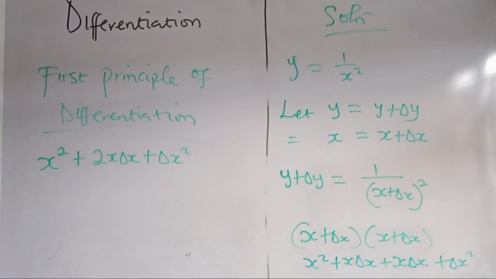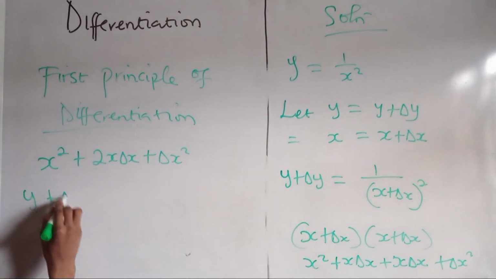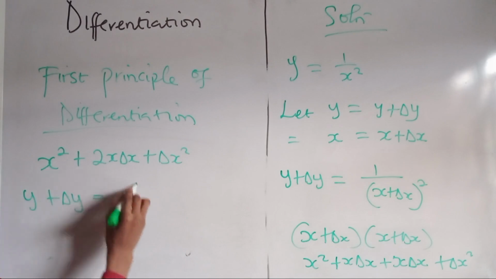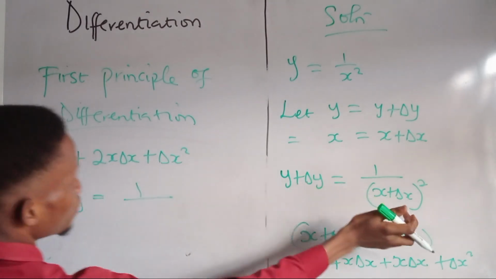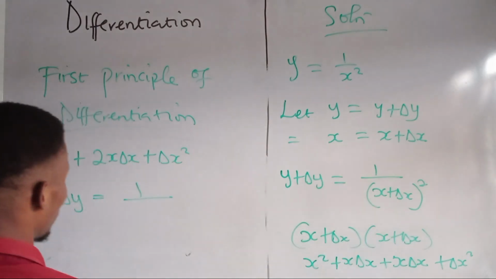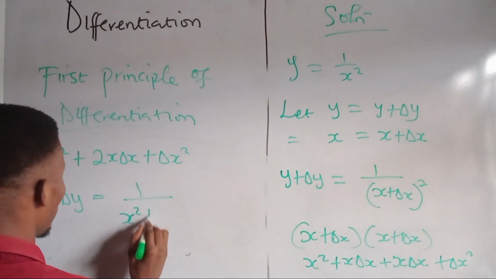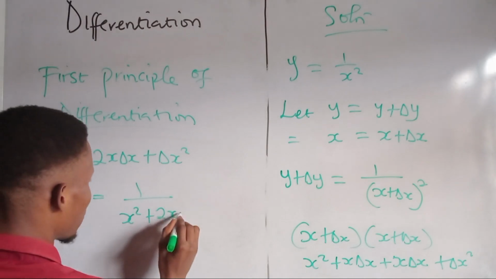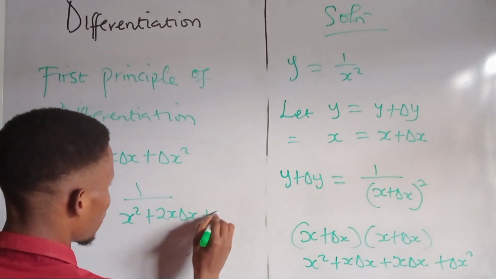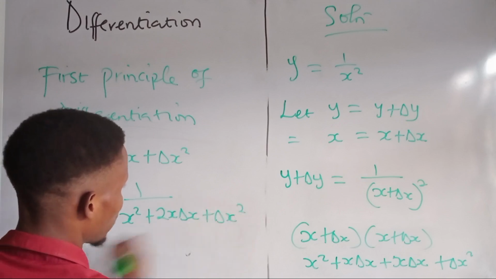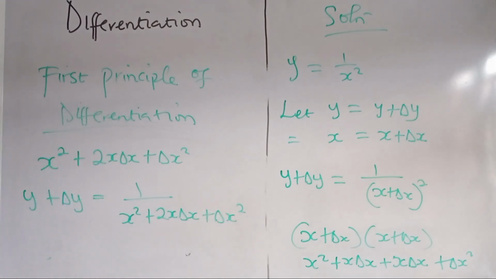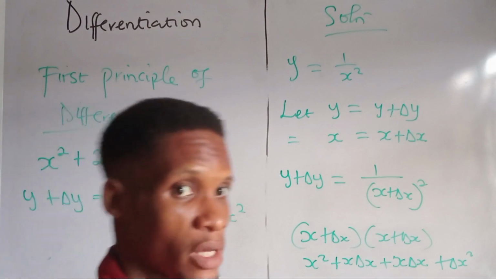So if we substitute now, we're going to have y plus change in y equals 1 all over this, which is what we got after expansion, s squared plus 2s change in s plus change in s squared. Okay, you get what I'm doing.